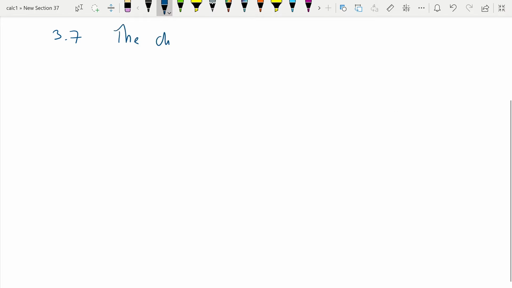Okay, so that's the chain rule. And so what's the idea here? We have already derived some rules for differentiation, which tell us how to find the derivative of a function if it's a product of two other functions for which we know the derivatives already. That's the product rule.